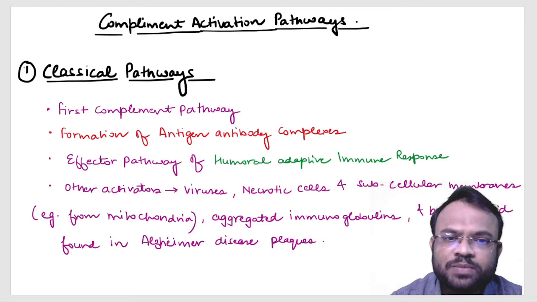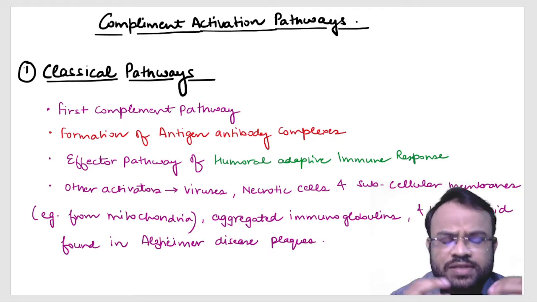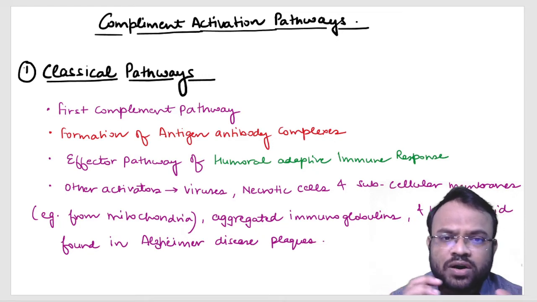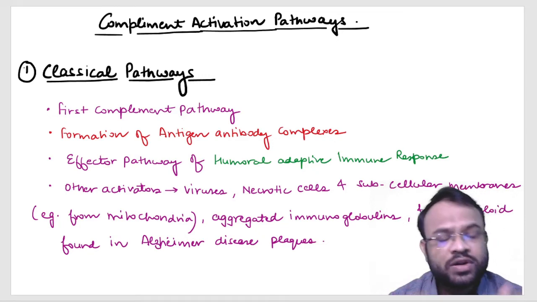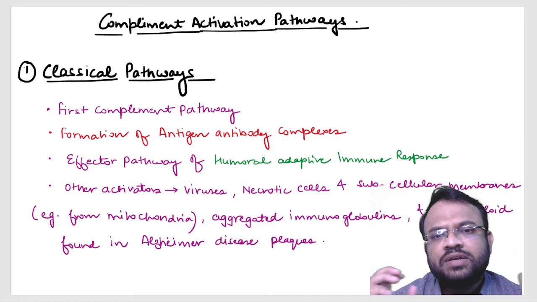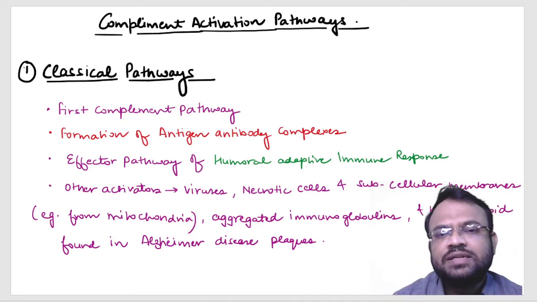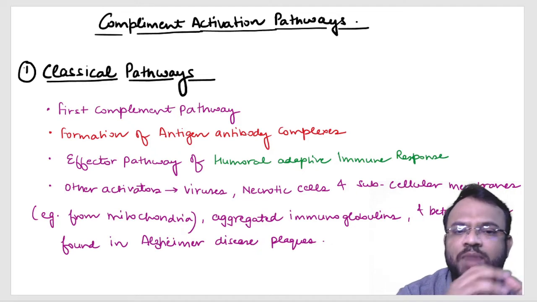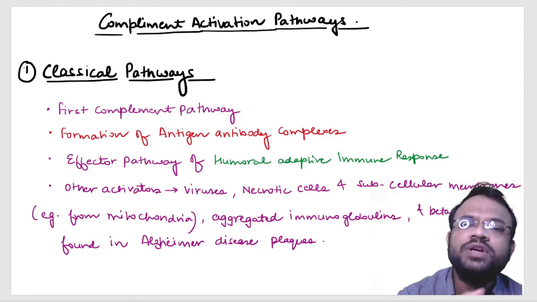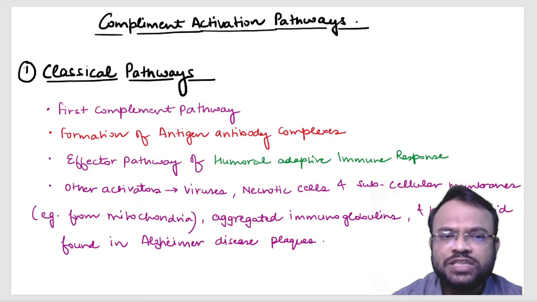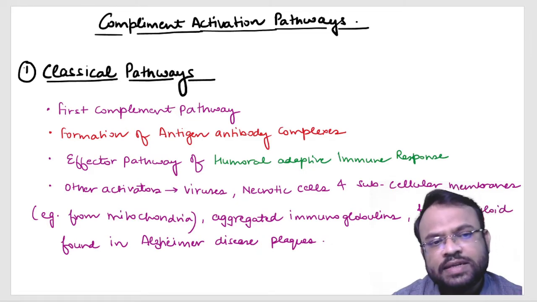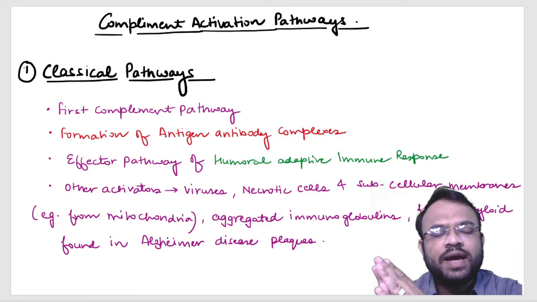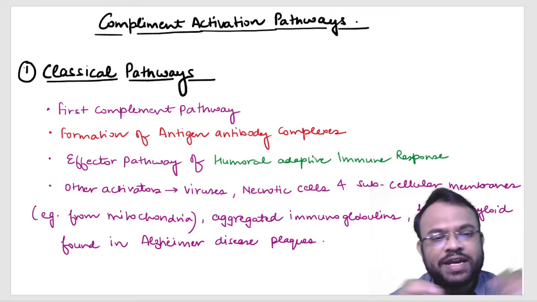Talking about the third point, let us reframe the question: which wing or which part of your immunity does the classical pathway serve? You might know that there are two parts of your immunity, adaptive immunity and innate immunity, right?